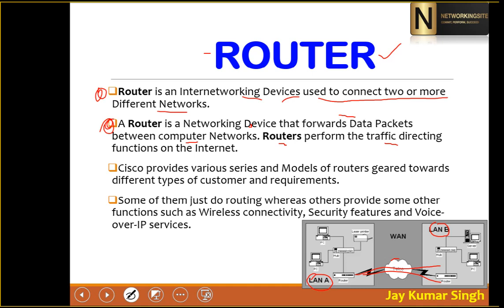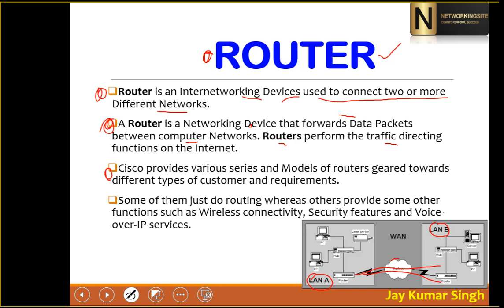Now when we are talking about routers, there are multiple companies who make routers. We have to work on Cisco routers. Cisco provides different types of routers, and we will come to know which types there are. When we talk about Microsoft, Microsoft provides Windows 7, Windows 8, Windows 10, Windows 11. Same here, Cisco also provides multiple series of routers.